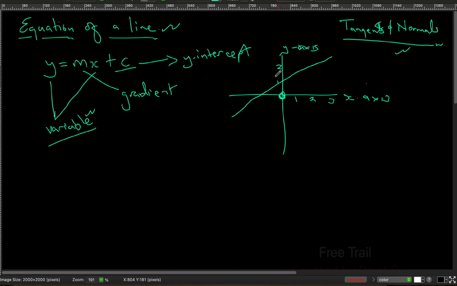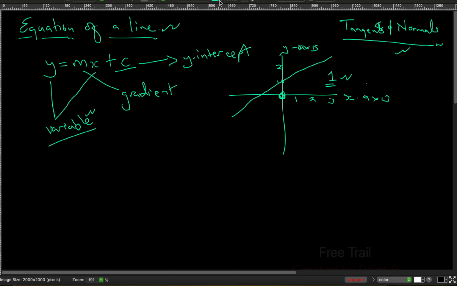This straight line is cutting the y-axis at the point where y equals 1. So my y-intercept here, the value of c, will be equal to 1, which is the position at which my line cuts the y-axis, right? That's basically what we mean when we're talking about the y-intercept.